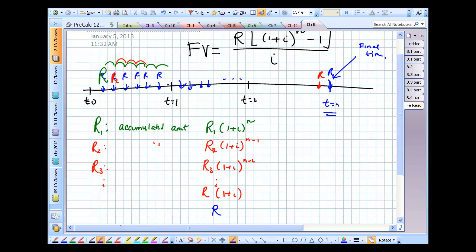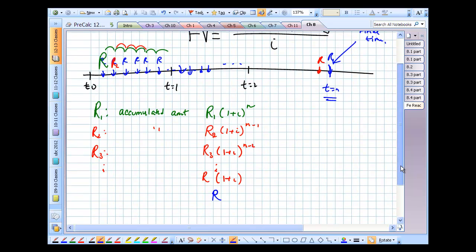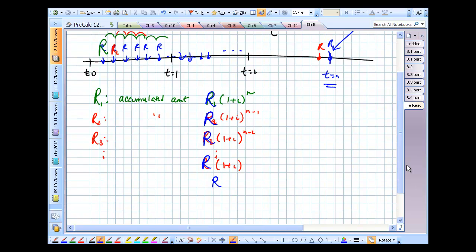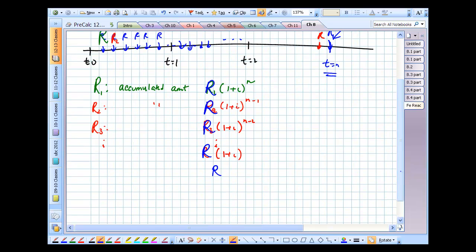So what you're doing is you're collecting all these things together. Now I shouldn't have changed it to R1, R2, R3 because they're actually all the same amount, right? They're really just the exact amount, like in the previous example, $100. So let's just keep it as R, but I want to use the 1, 2, 3 to show you which payment it is. So look what we've got now.